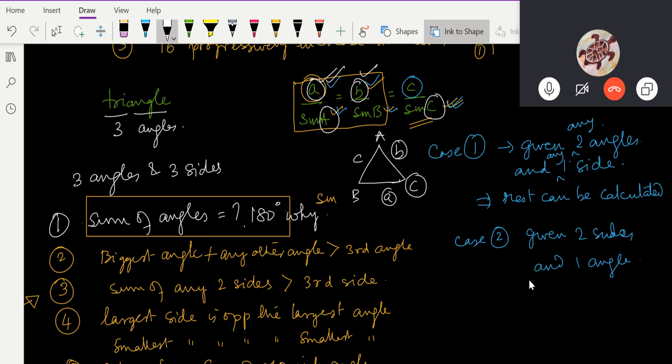If I am given this combination A, B and angle A, then I'll be able to calculate angle B. Once I calculate B, A and B are known, so I can calculate C, and therefore I can calculate small c. So given two sides and one angle, not the included angle, the rest can be calculated. Clear?